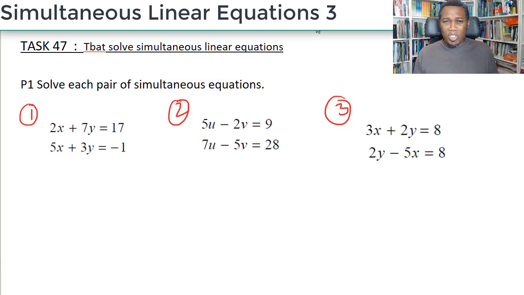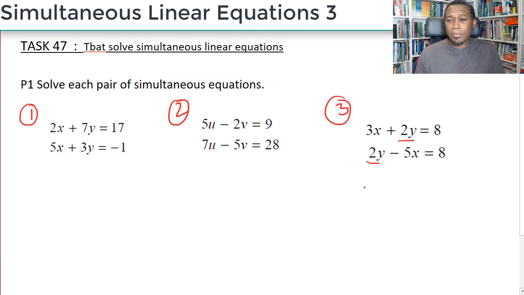Number 1 and number 2 should have been normal, and then number 3, I'll give you a hint, just in case you haven't done it, before I actually go to answers. The answers are right on the other slide. For number 3, if I look at the y's, the order has changed.